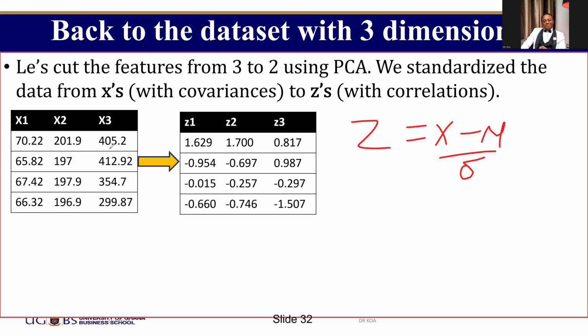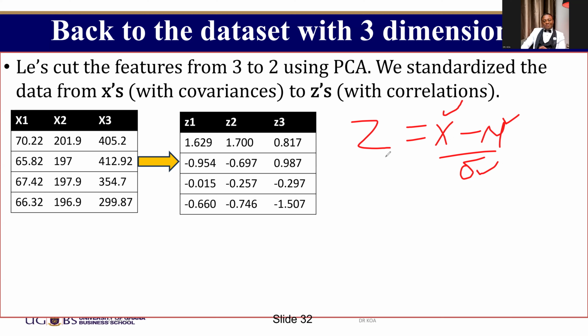So if I give you a small data set and I tell you that this is non-standardized data, and I want you to standardize it, that will mean that first of all, for each variable, you need to find the mean, and then you need to find the standard deviation.